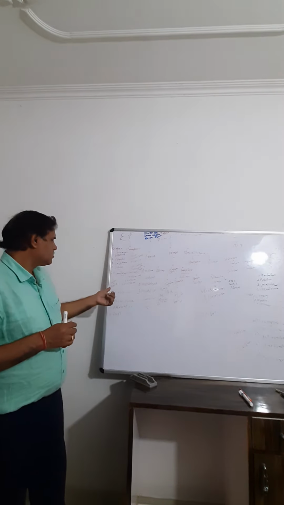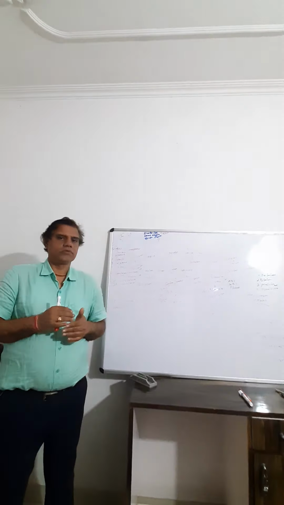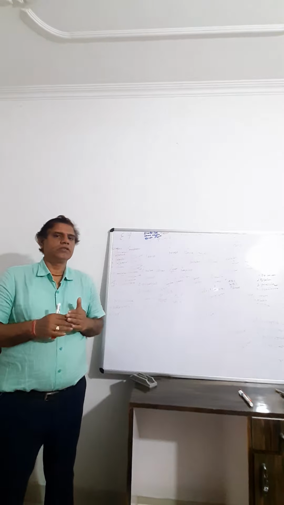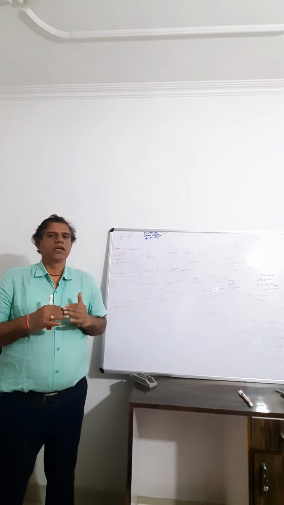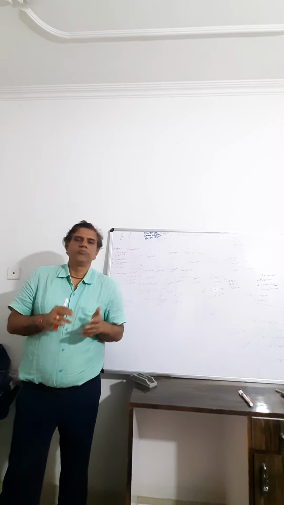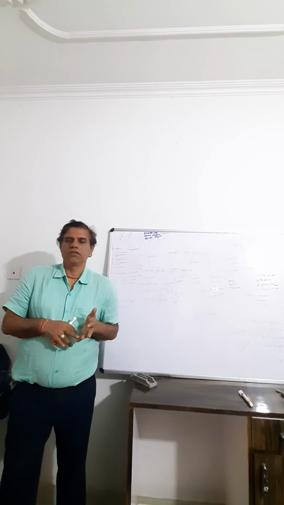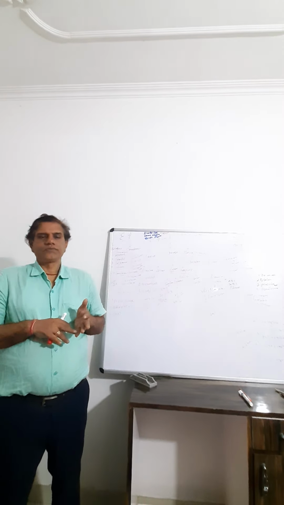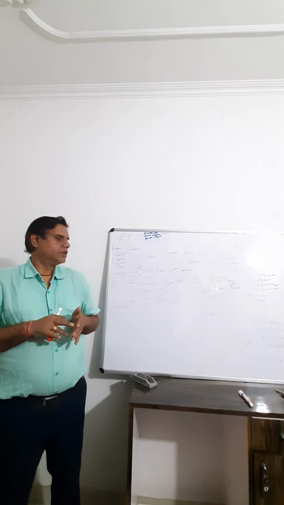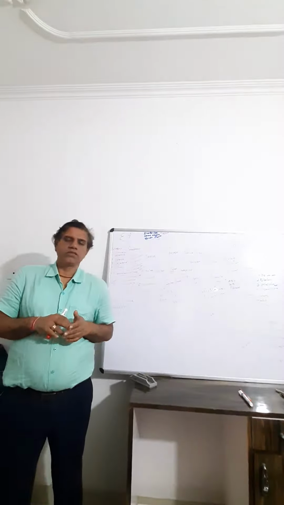And on the basis of the mode of secretion, there are two types of gland: exocrine gland and endocrine gland. Exocrine means it has a duct and releases some secretion, such as milk secretion, sebaceous gland, that is the oil secretion, digestive juice secretion, and ear wax, the ceruminous gland.